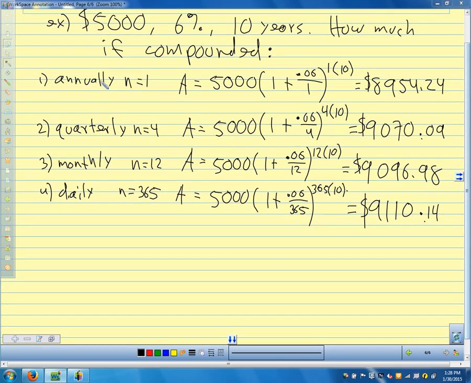So when bankers, people dealing with financial matters, were calculating compound interest when they first started working with it, they found this interesting thing happen. As you compound more and more frequently, this number that you get inside the parentheses gets closer and closer to a certain number.